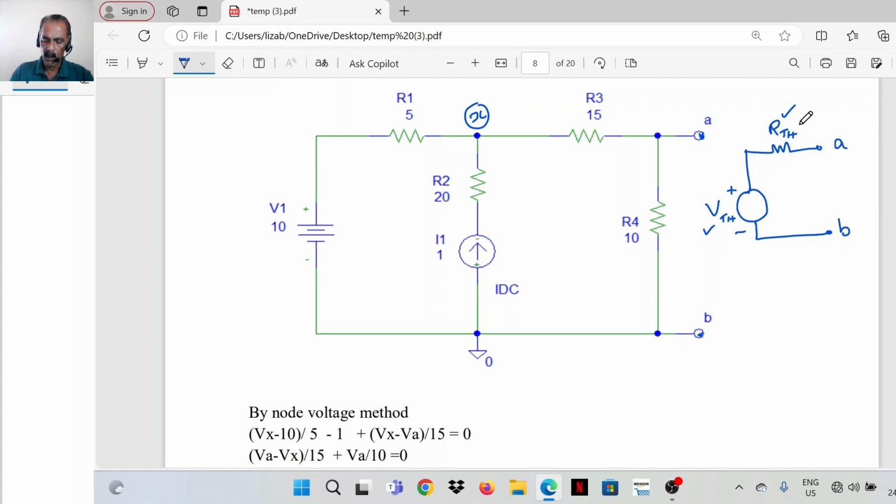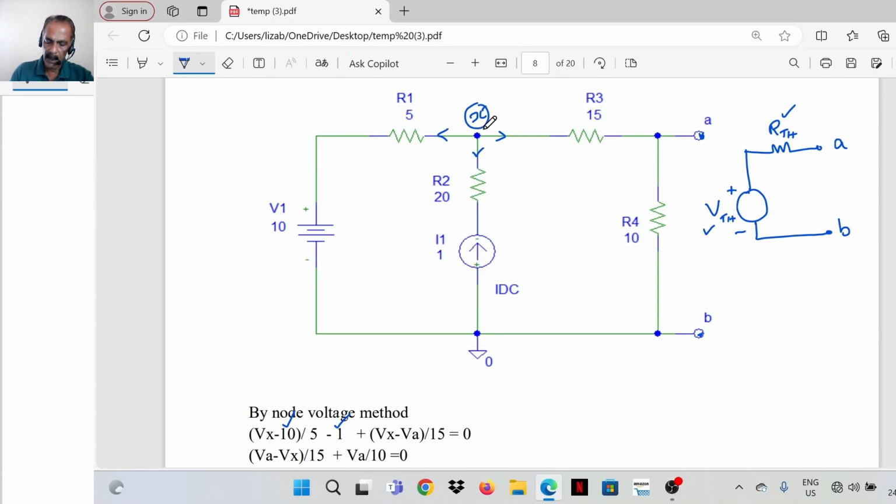Now to find the open circuit voltage between A and B, we'll solve the problem by the node voltage method. So this node is marked as X. Again, by the node voltage method, take the sum of outgoing currents equal to 0. So the current flowing through R1 is Vx minus 10 divided by 5. Then in this branch, the current is 1 ampere. It is flowing towards node X, so the outgoing current is minus 1.